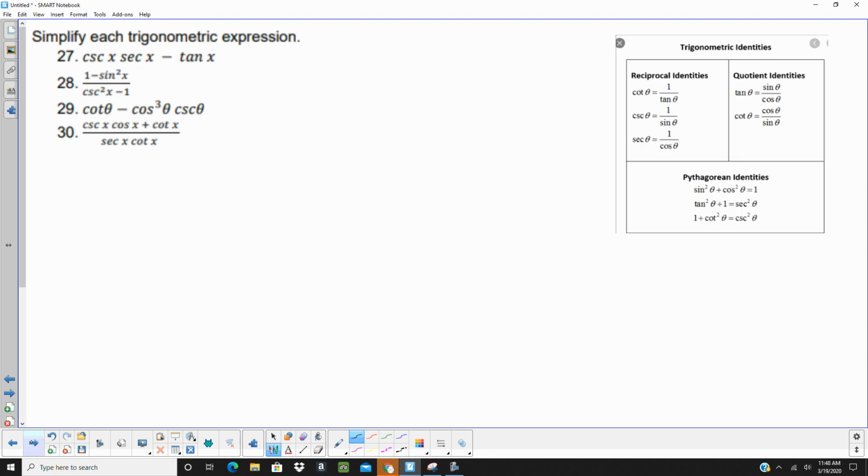All right, let's go ahead, and we need to simplify. That means we just take it and make it as simple as possible. So let's go ahead and do 27 first. On that one, I'm going to start with cosecant x, secant x minus tangent x.